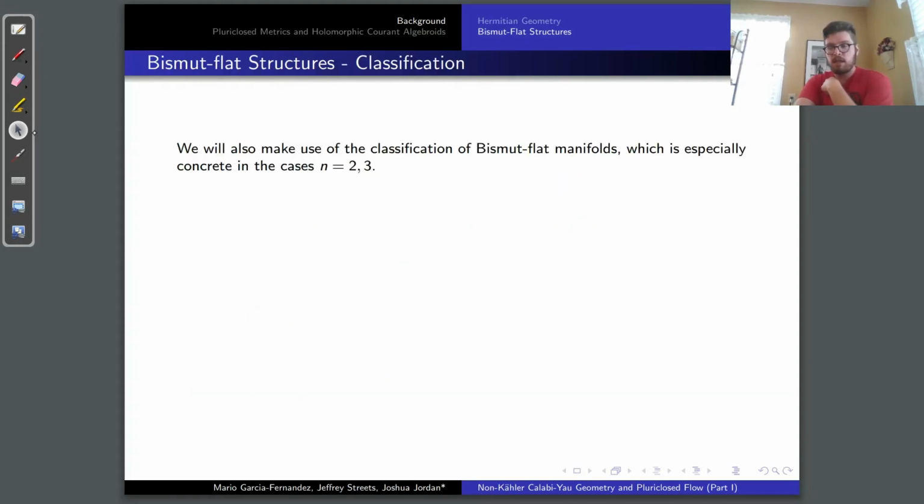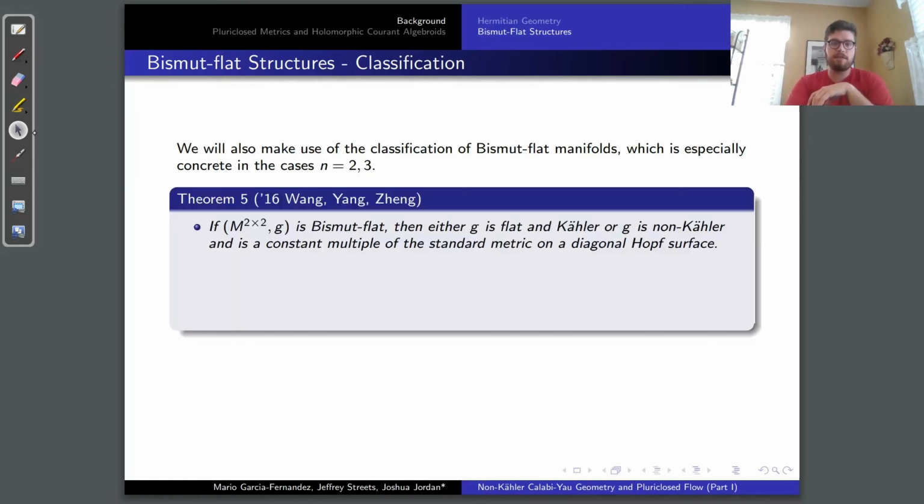All right. Now we can say that this is the simplest non-trivial, but still fairly generic case because of a classification result by Wang, Yang, and Zhang. So in the case n = 2, complex surfaces, every Bismut-flat manifold is either Kähler and flat, right?